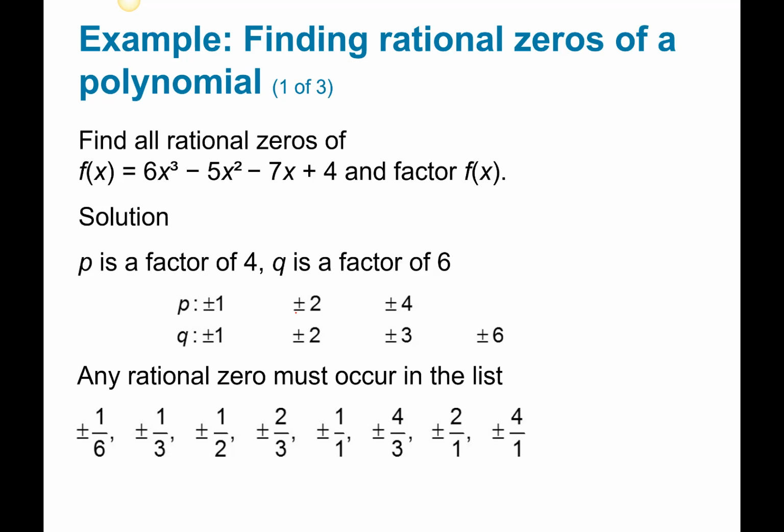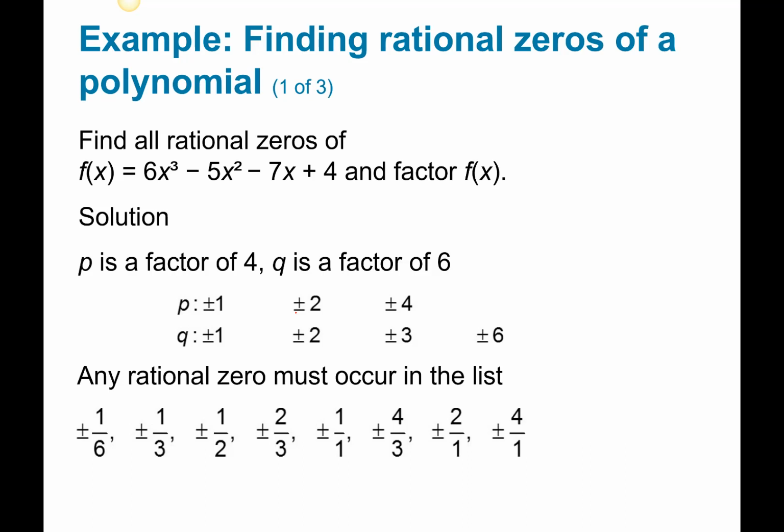If you want to find the root of a polynomial, this technique that we looked at the other day with P and Q will help narrow things down from an infinite number of possibilities to maybe a long list, but at least it's not infinitely long.